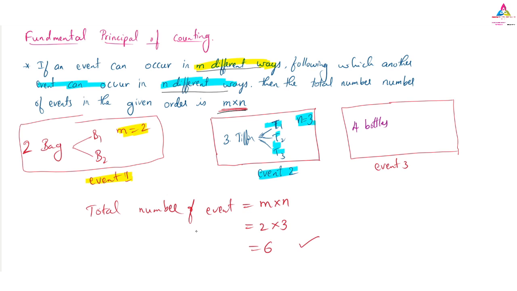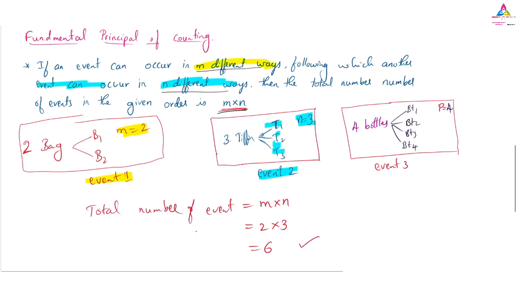Now there is a third event, so consider this is m, this is n, and the next one you can take as o or p; any letter is fine. We will take it as p. With 4 bottles we have the options bt1, bt2, bt3 and bt4, so there are 4 options and the p value will become 4.